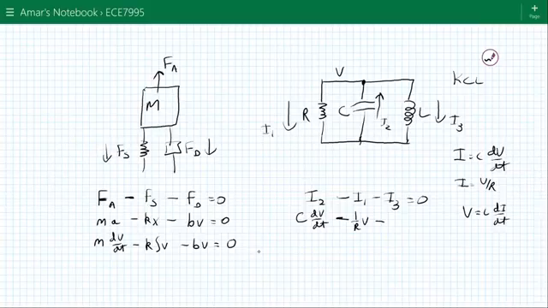So if you solve for the current, it's equal to the integral of V divided by L. So this is 1 over L times the integral of V. This is equal to 0.